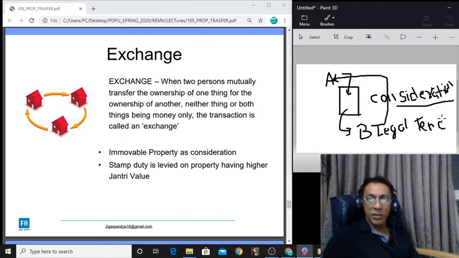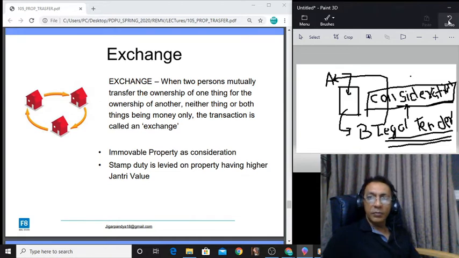So, consideration cannot be like, against this property B will give me 50 calls a day, or tell me hi every day, or will do tasks which are other than legal tender. It is not an acceptable form of consideration as far as a property is concerned. So consideration is a must, and it has to be a legal tender.